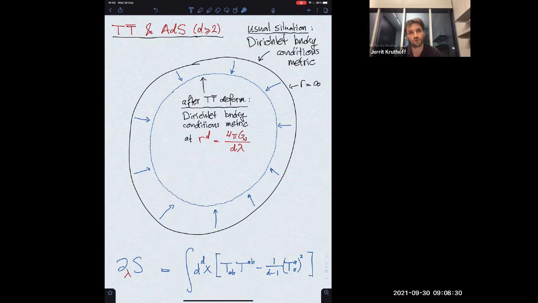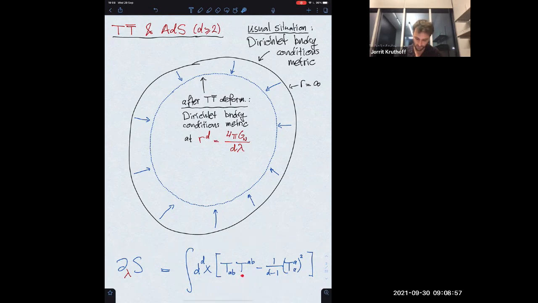And well, the proposal is a bit more than just saying that I just turn on the coupling for this particular operator. It's actually more like a flow equation, in that we deform the boundary action, or the putative dual in the bulk, every step by this operator.